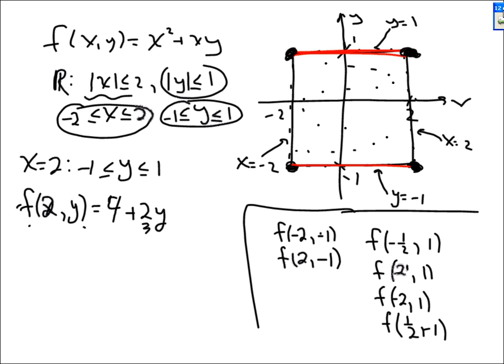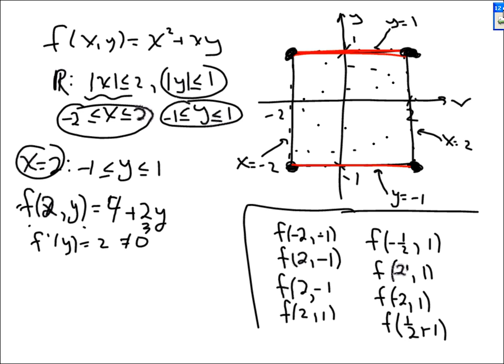I can take the derivative: f prime of y is 2, which is never 0. So I just need to find f of the endpoints. X is always 2, and y is negative 1 or 1. Which, by the way, I do not have. Well, I have one of them. I have that one. But okay, I have it.